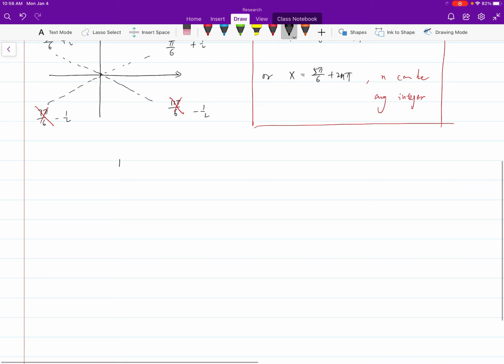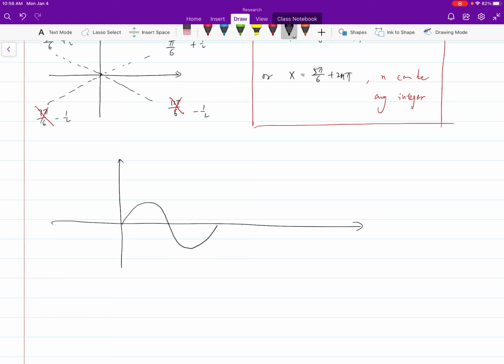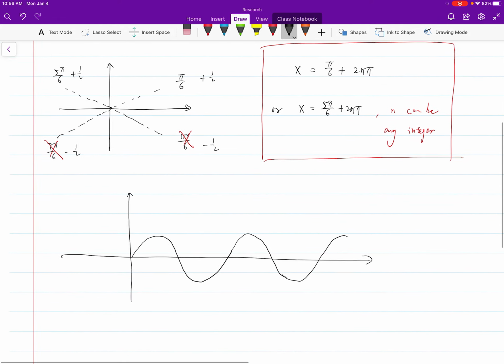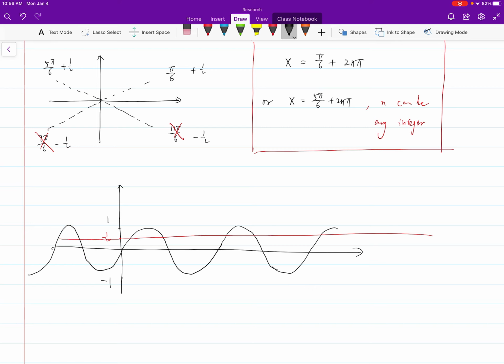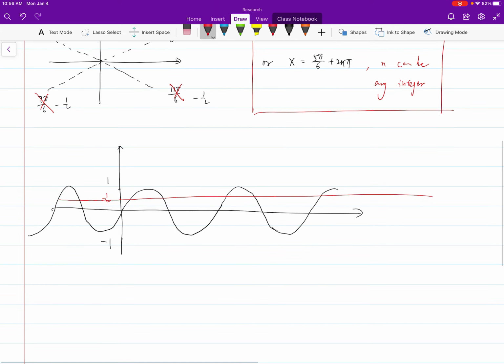Okay, judging by the graph, it's the same logic, but a different approach. This is your sin x. And you're wondering where sin x equals 1/2. So this is 1, negative 1, and this is 1/2. So what you're asking is, where does this graph intersect with 1/2?